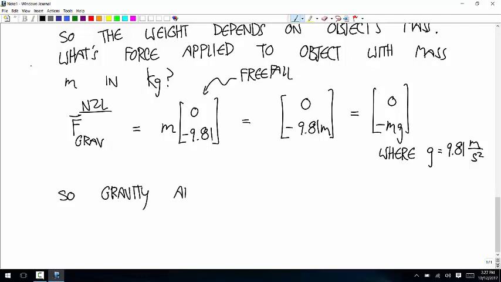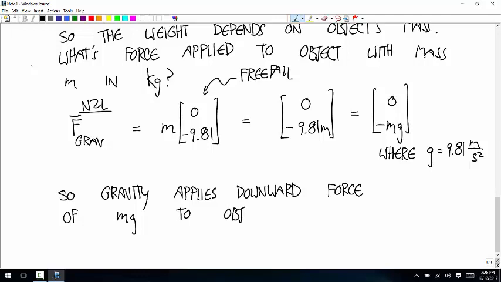So gravity applies a downward force of mg to an object with mass m.